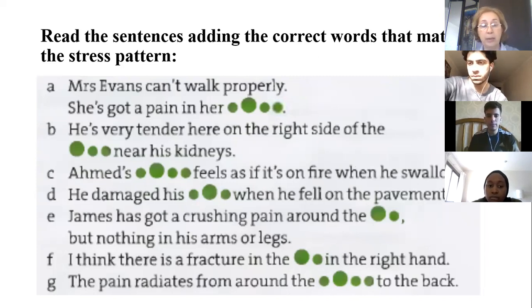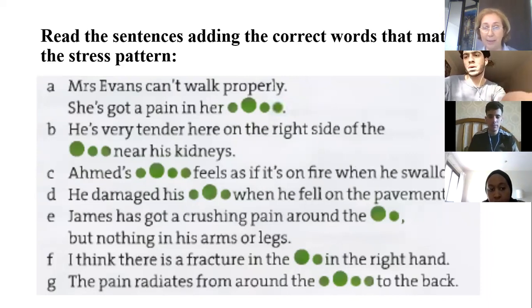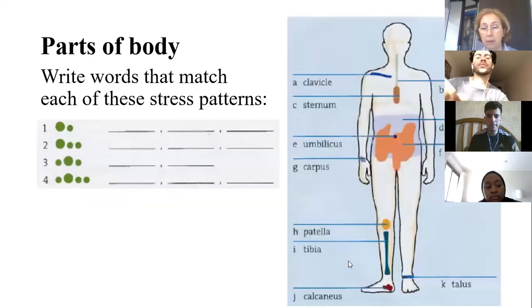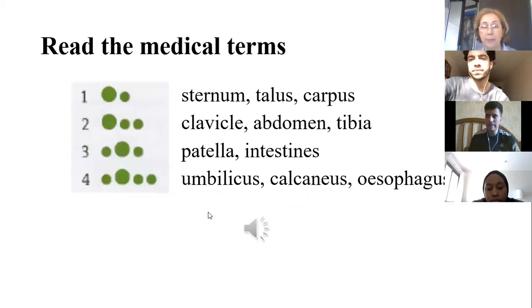So when a person has problems with walking, it means she has a problem with her calcaneus, right? Calcaneus. This is the same as calcaneus, heel bone, yeah. Calcaneus.